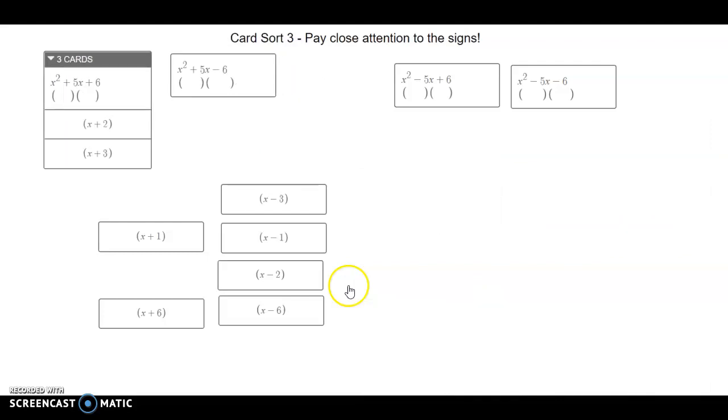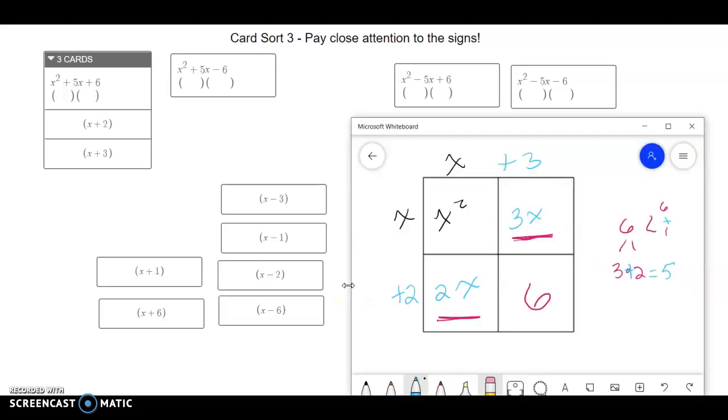So now let's look at our second one here. I have x squared plus 5 and minus 6. So now I need to figure out what is going to give me a negative 6. So I could have negative 3 and 2, or I can have negative 2 and a 3, or a negative 6 and a positive 1, or negative 1 and a positive 6.